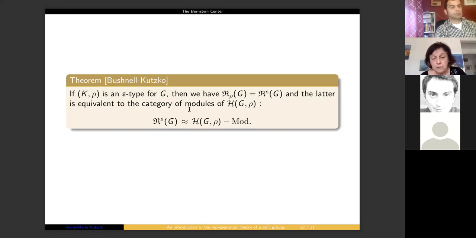Then the algebra will be the algebra of this G-cover, and it is computed explicitly.